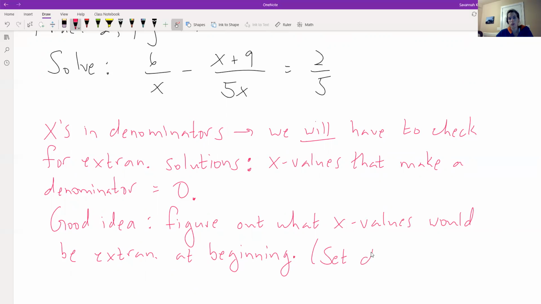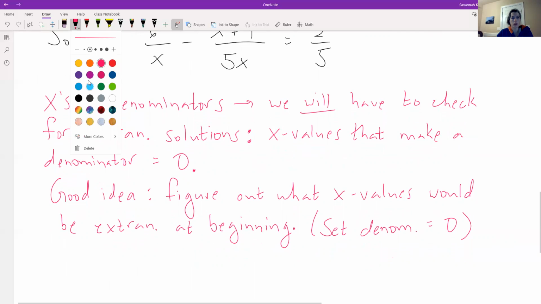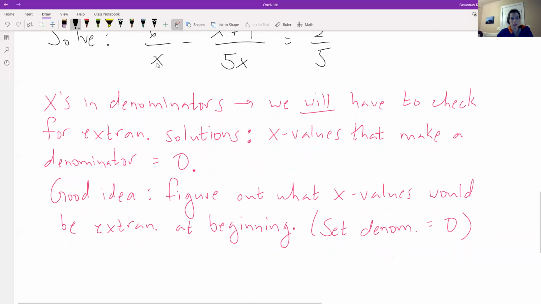look at your original denominators and just set them to 0. Find out what those extra solutions would look like. So we have x equal to 0, we have 5x equal to 0, and we have 5 equal to 0.